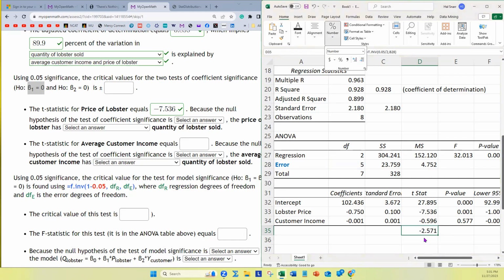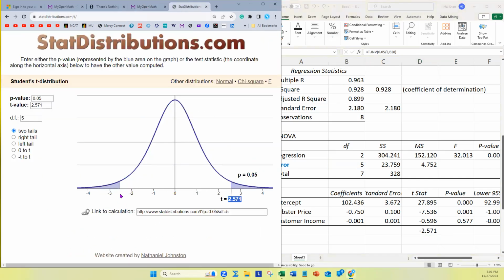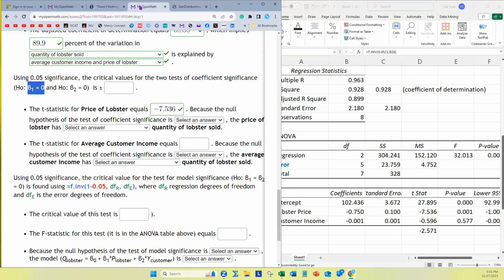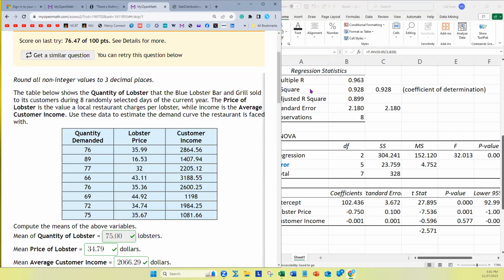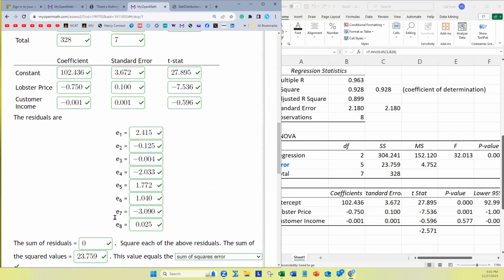And notice that I got a negative 2.571, right? We've got symmetry. So the lower critical value is negative 2.571, and the upper critical value is a positive 2.571. Plus or minus 2.571, those are our critical values.